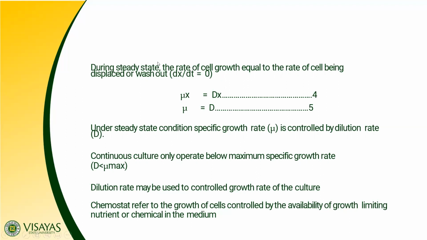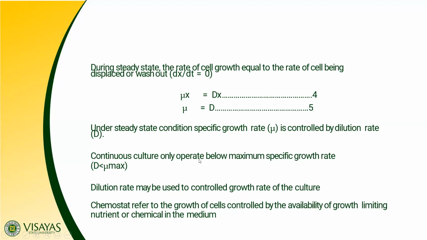So the specific growth rate, mu, times x is equal to the dilution rate times x, and the specific growth rate is equal to the dilution rate. It's constantly removed from the vessel. Under steady state conditions, the specific growth rate is controlled by the dilution rate.